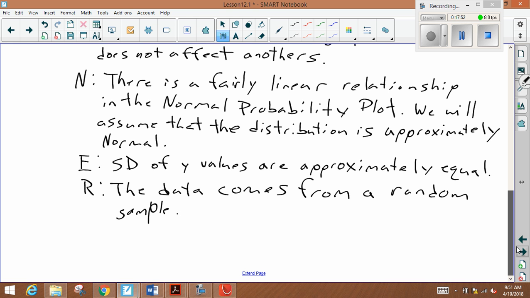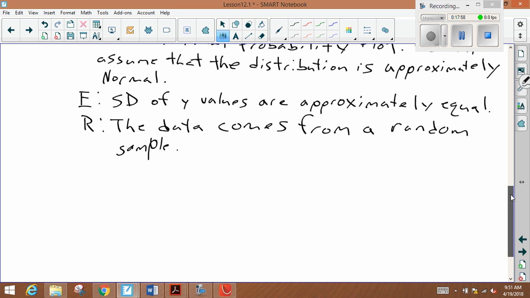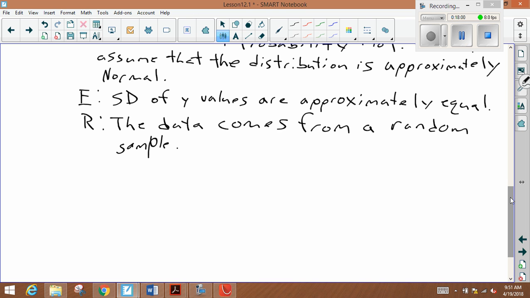N. We are going to do a t-test for slope. We will perform a t-test.